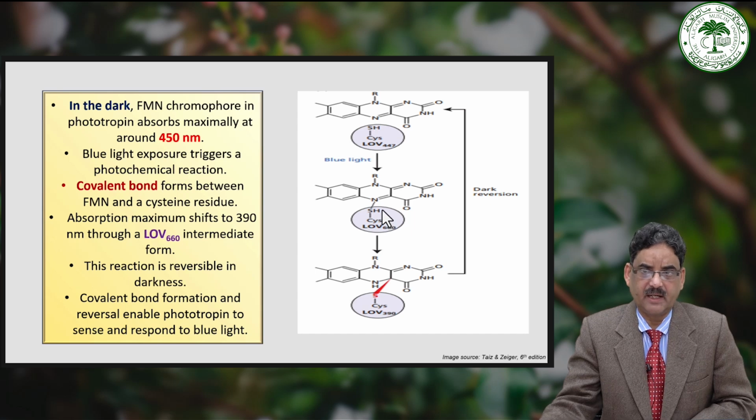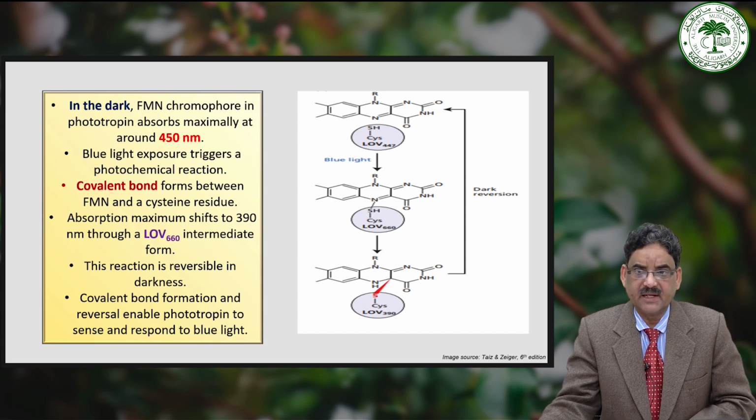This process induces a shift in the absorption maximum to 390 nanometers through a LOV 660 intermediate form. Importantly, this reaction is reversible in the dark. Here it is, this can be reversed in the dark condition.